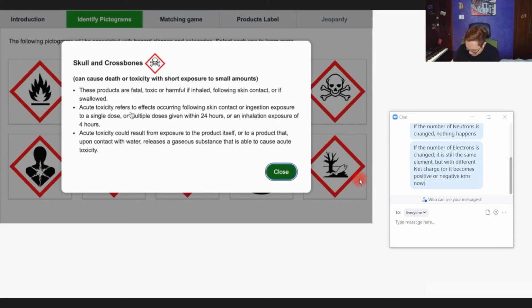Acute toxicity could result from exposure to the product itself, or to a product that, upon contact with water, releases a gaseous substance. When it's a noun, product is pronounced with the stress on the first syllable.